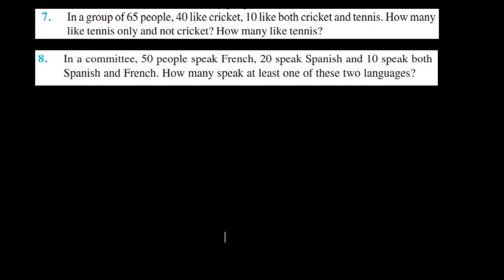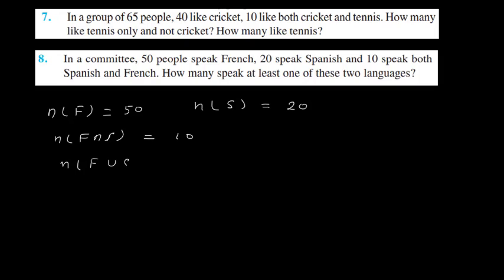Now what is given? 50 people speak French, so the number of French speaking people is 50. 20 speak Spanish, so the number of Spanish speaking people is 20. 10 speak both, so the number of French intersection Spanish is 10. How many speak at least one of the languages? So the number of French union Spanish is the question mark.